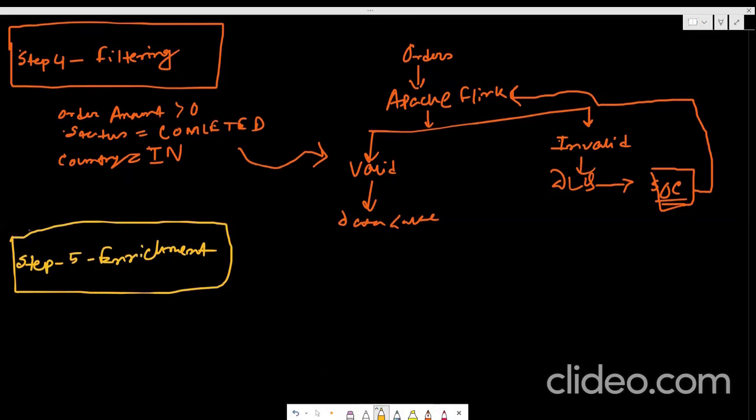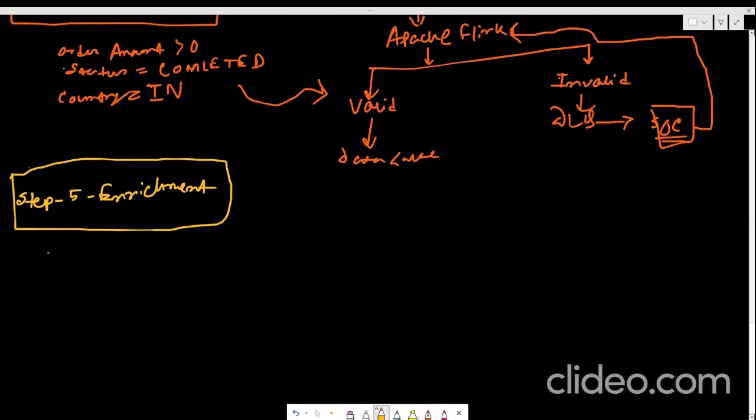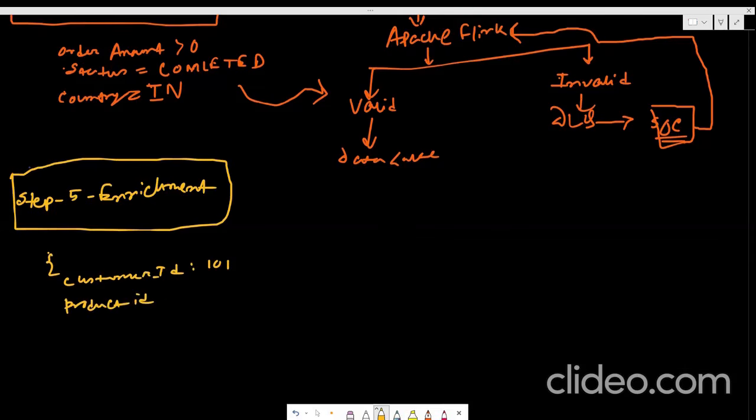Suppose the order contains customer ID, which is suppose 101, and the product ID, suppose P501. All are string types, proper JSON type. Then the amount is suppose 2500.